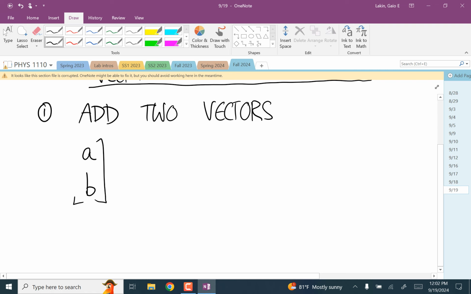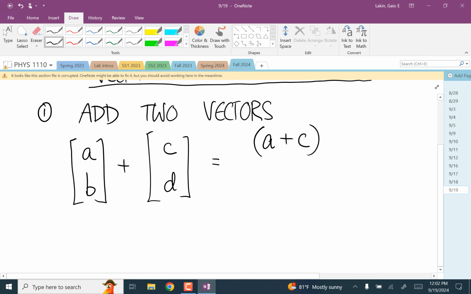The vector AB plus the vector CD is just equal to: the x component of the sum is A plus C, and the y component of the sum is B plus D. And it's kind of cool that this simple calculation means the same thing as that complicated intuitive idea.